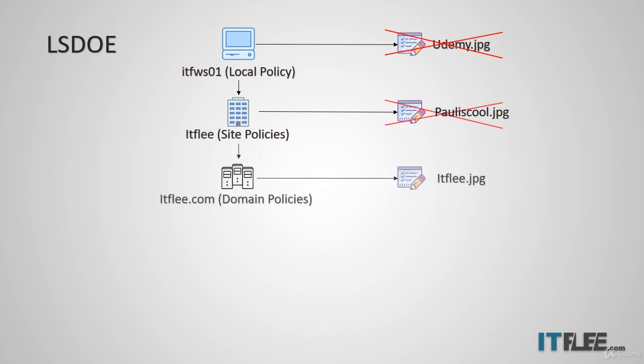Now, if someone came through and assigned a domain policy and configured itflea.jpg should be the background, then that GPO will overwrite the udemy.jpg and the pauliscool.jpg, and it will take precedence. So to help you understand what's going on, your computer is going to update its group policy. It's going to use this local policy. It's going to apply udemy.jpg as the background. Then it's going to get down to the site policy, and it's going to apply pauliscool.jpg.